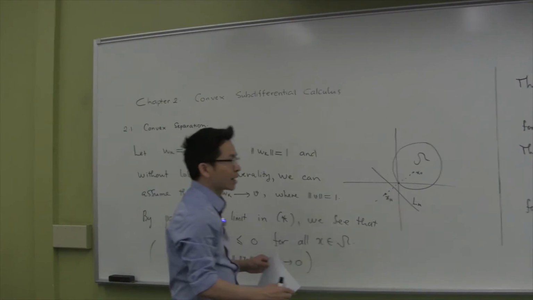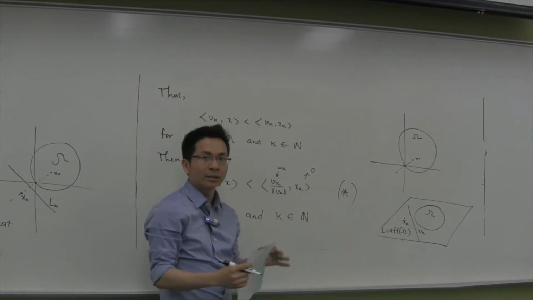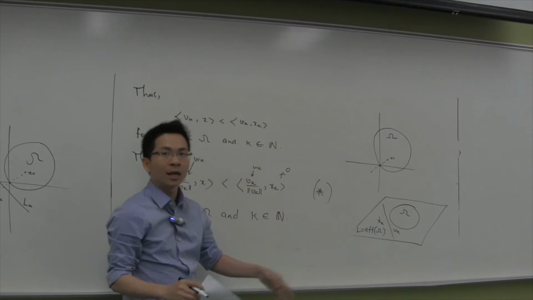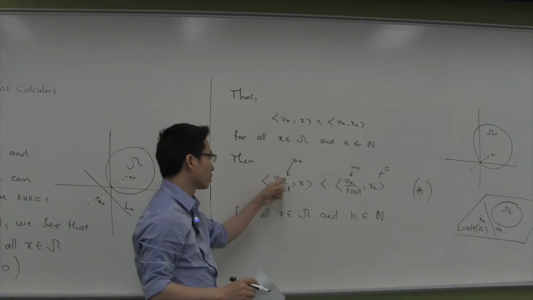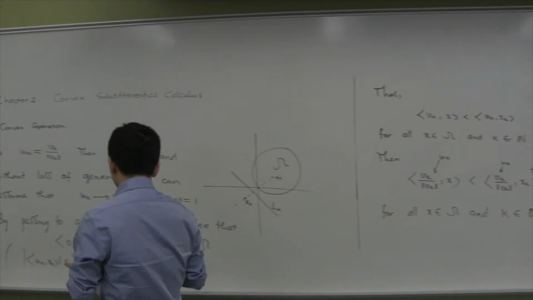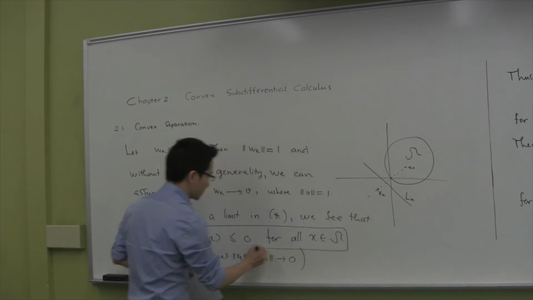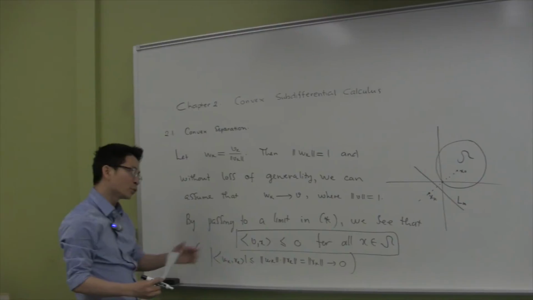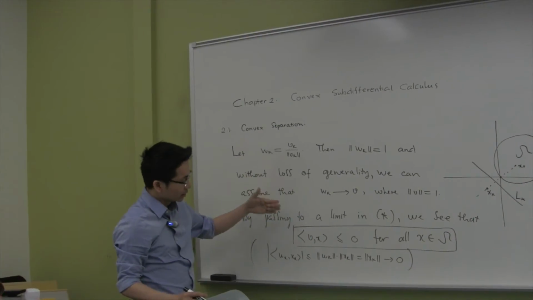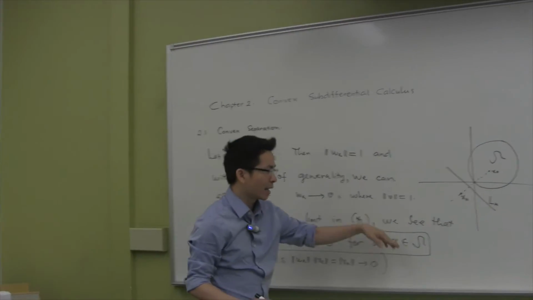Therefore, when we pass to a limit here, the right-hand side is equal to 0, and the left-hand side converges to the inner product of V and x. So we have shown that this property is satisfied, and this is the first requirement in the proper separation property of Omega and 0.